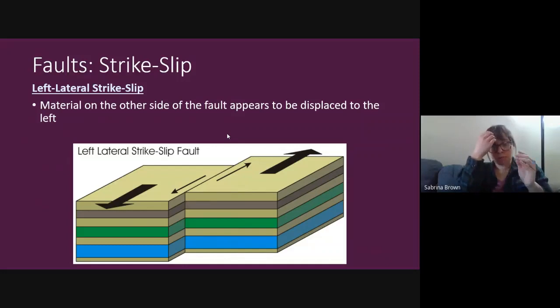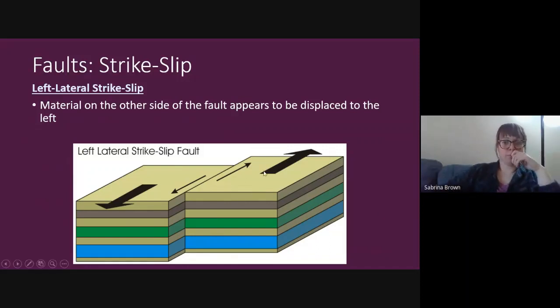Because we have this vertical fault line, we can't use the hanging wall and the foot wall to help us out here. So what we do instead is we envision that we're standing on one of the blocks, and we look across the fault line at the other block. If the stuff on that block looks like it's displaced to the left, then we call it a left lateral strike slip fault.